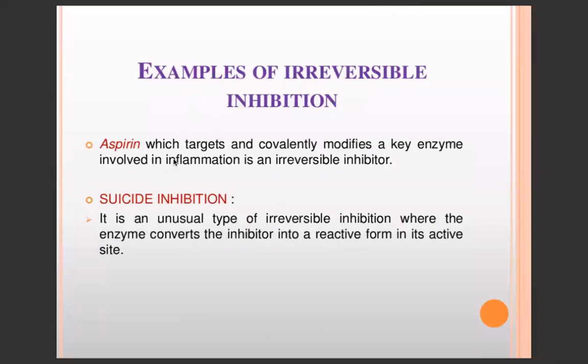Examples of irreversible inhibition include aspirin, which targets and covalently modifies a key enzyme. Aspirin works as an irreversible inhibitor by inhibiting enzymes like cyclooxygenase and lipoxygenase, which work in the inflammatory process.